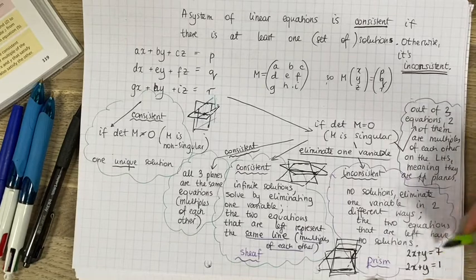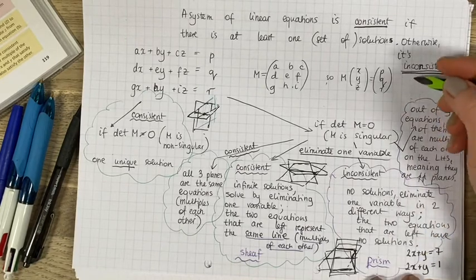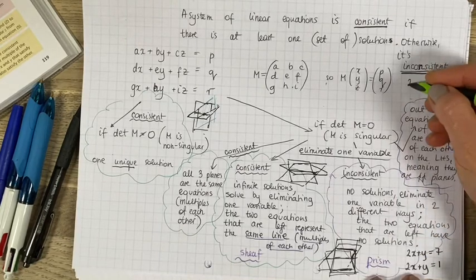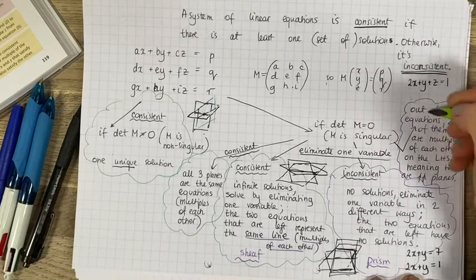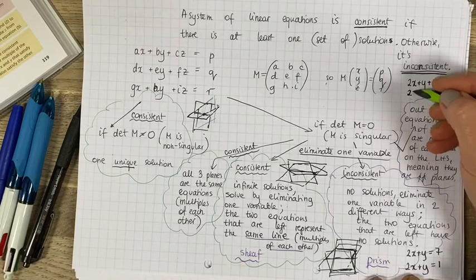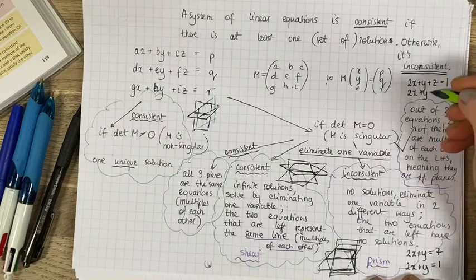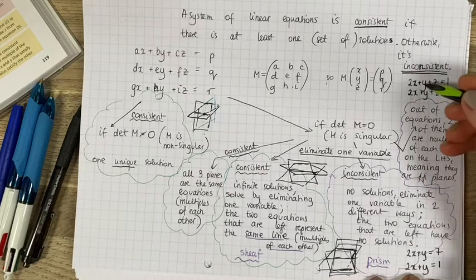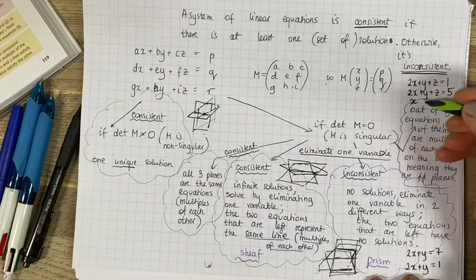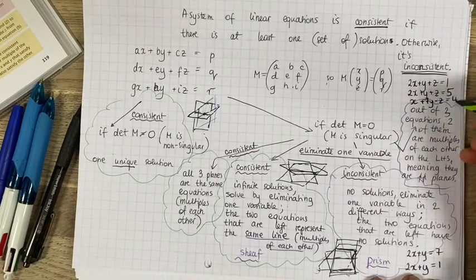For example, you could have 2x plus y plus z equals 1, and then 2x plus y plus z equals 5. Those equations are exactly the same on the left hand side but different on the right hand side. And then maybe you have a third one, x plus 7y minus z equals 4.